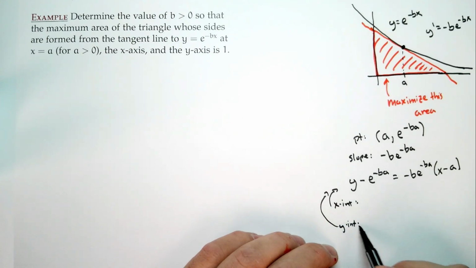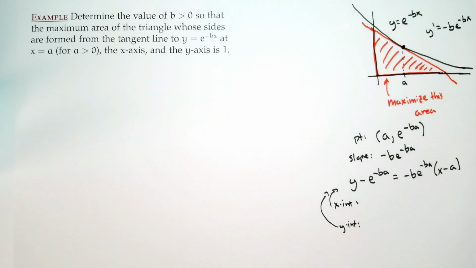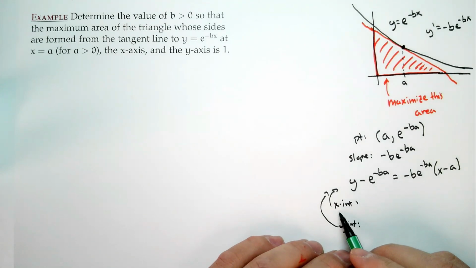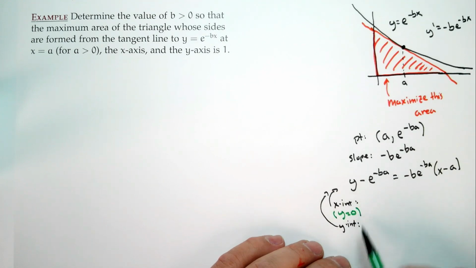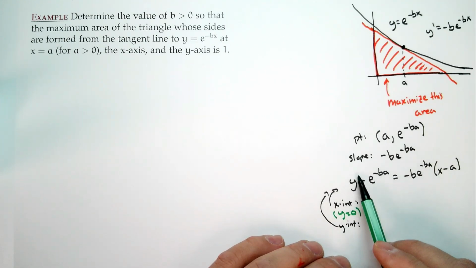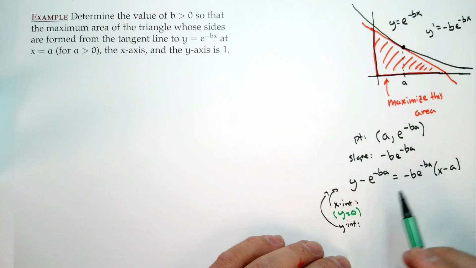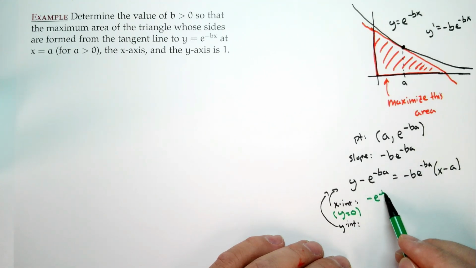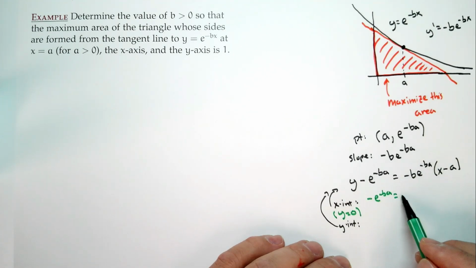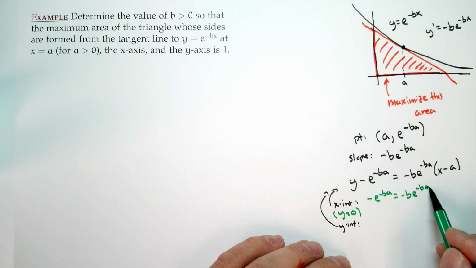Now, how do we figure those out? Well, the x-intercept, that's when we hit the x-axis. What's true about the x-axis? When I hit the x-axis, it has to be the case that y equals 0, because that's where I'm on the x-axis. So if you set y equal to 0, we can solve for x. So you get minus e to the minus ba is equal to minus b e to the minus ba times x minus a.